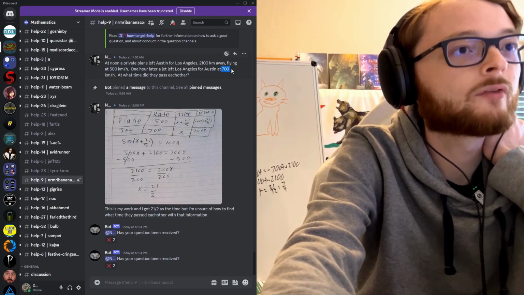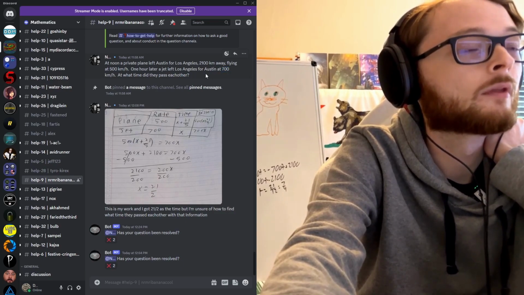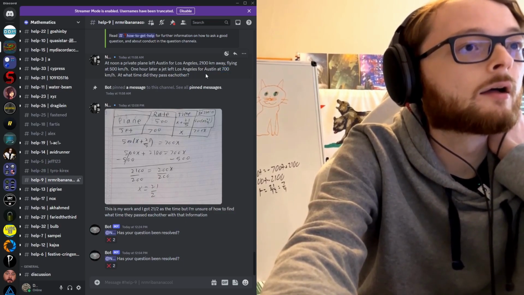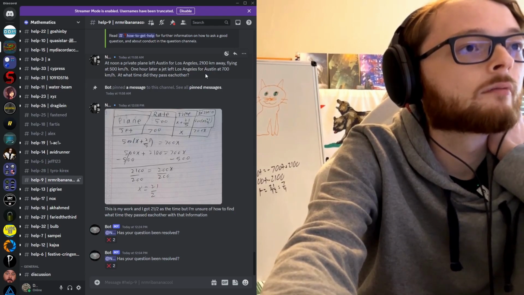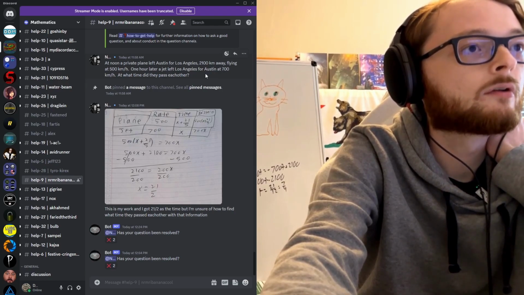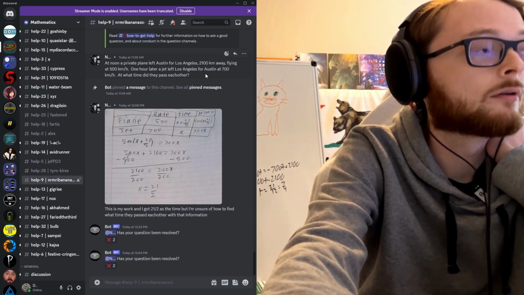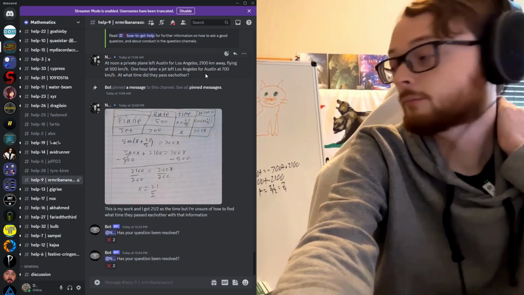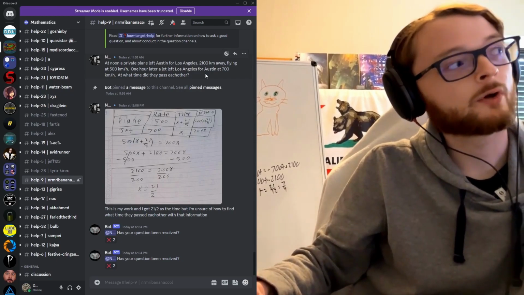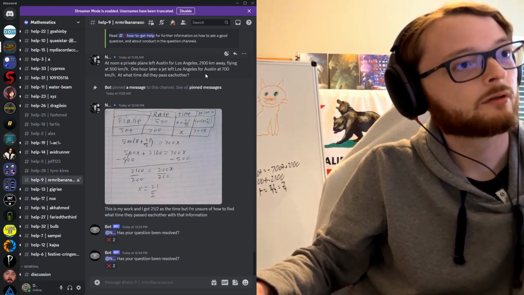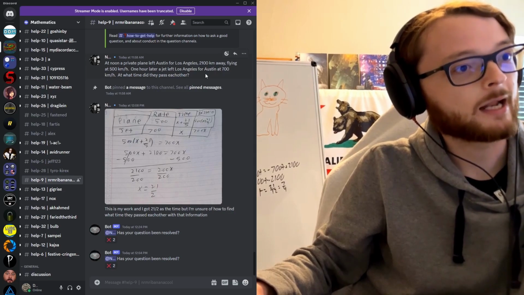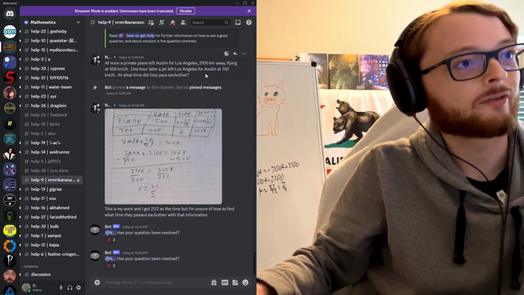The other plane is only taking 3 hours. It's going significantly faster, so it should meet closer to Austin, before the halfway point. 21 over 2 is 10.5 hours. Neither plane even takes that long to do the entire trip.